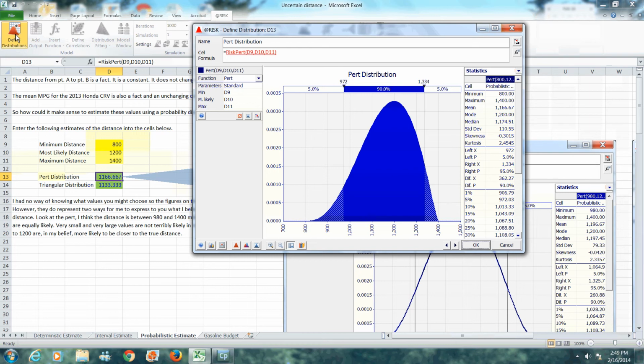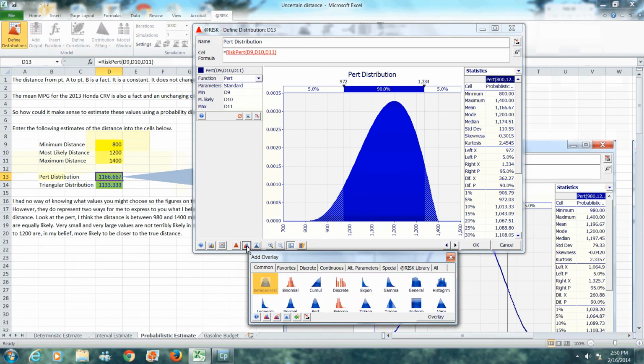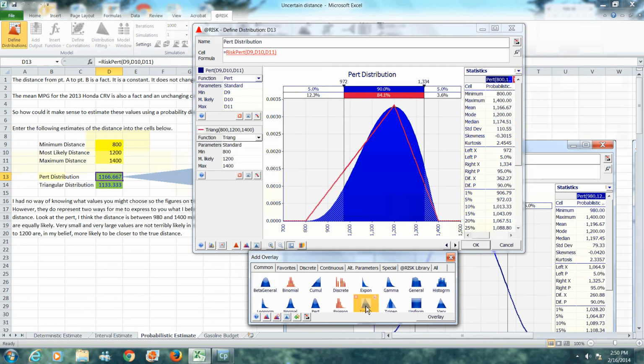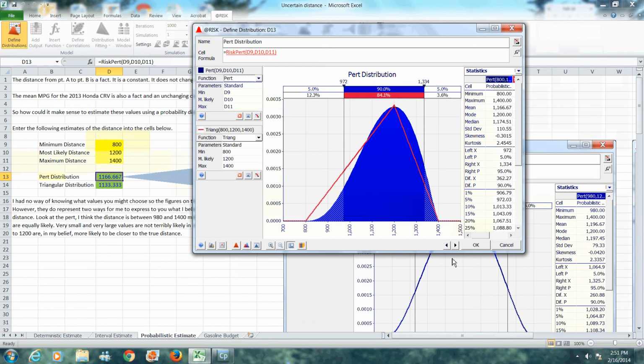There's also a triangular distribution. Now I'm going to click down here and I'm going to add an overlay here. Specifically, I'm going to add a triangular distribution. This triangular distribution has the very same parameters, 800, 1,200, and 1,400. This would be another way to express my uncertainty.